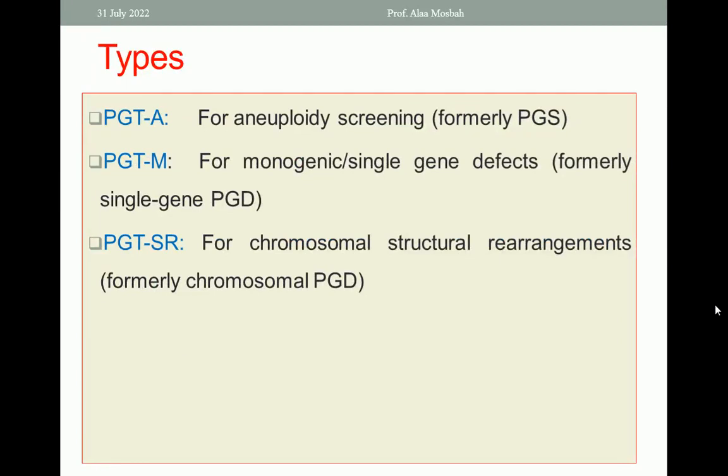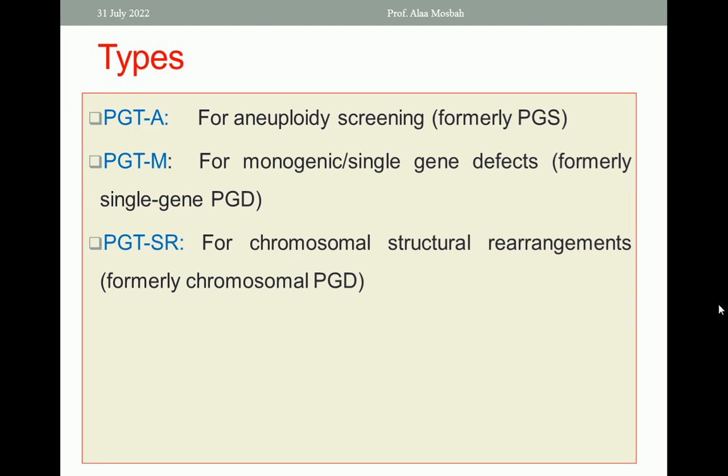So what are the types? We have PGT-A, PGT-M, and PGT-SR. What does it mean? PGT-A is pre-implantation genetic testing for aneuploidy screening. What is aneuploidy? Aneuploidy means an extra or missing chromosome. Ploidy means the number of chromosomes.